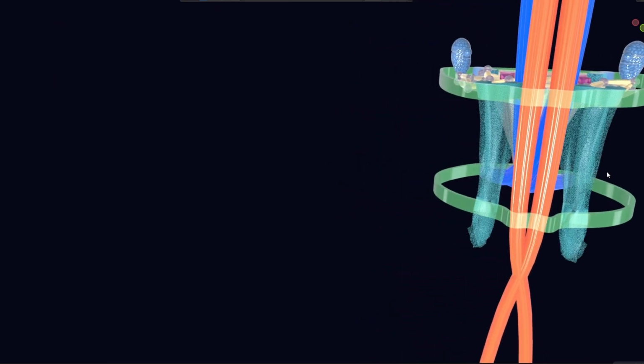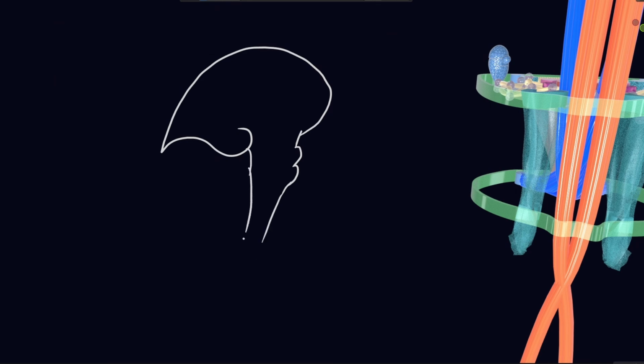Now, the olive has some important functions related to coordination of movement. Without going into details, let me give you a brief idea. If I draw a simplified Dr. Najib style diagram of your central nervous system, then we have the cerebellum here. Now in the medulla, somewhat here, we have the olive.